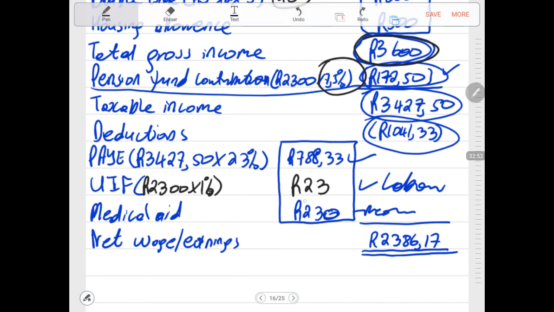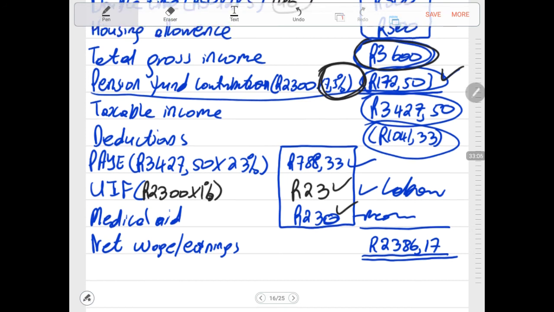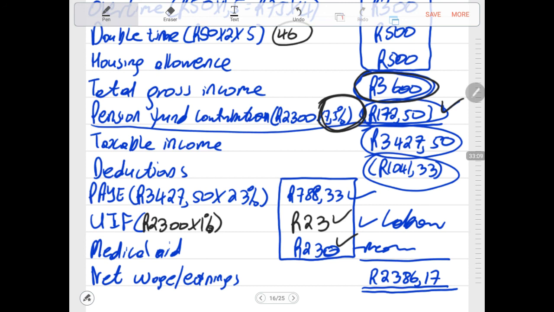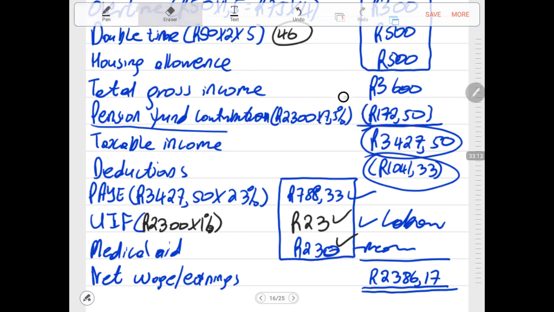And when it comes to medical aid, the company will be contributing 230. So in other words, we'll have to add 23, add 230, and add that 172.50, which is the 7.5% contributed by the employer. Therefore, the total of the gross plus all these three costs will give what we call the cost to company, meaning the cost the company is incurring only for the salary of an employee.